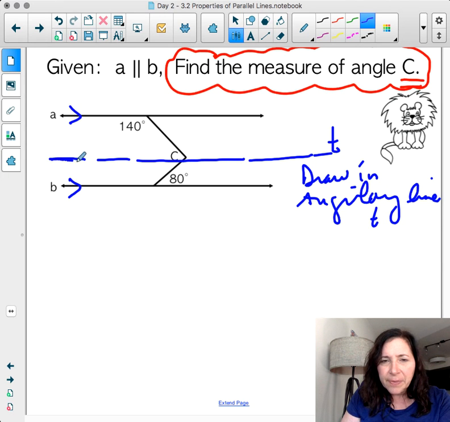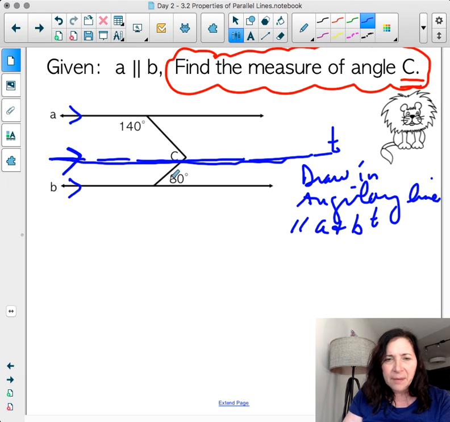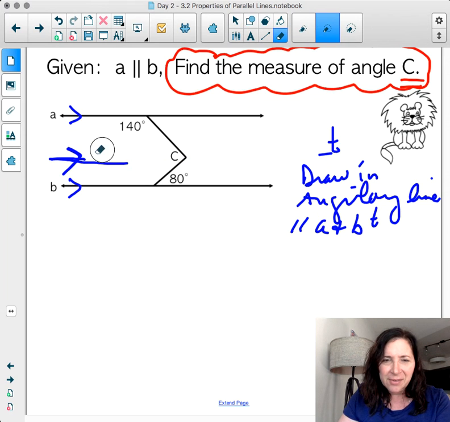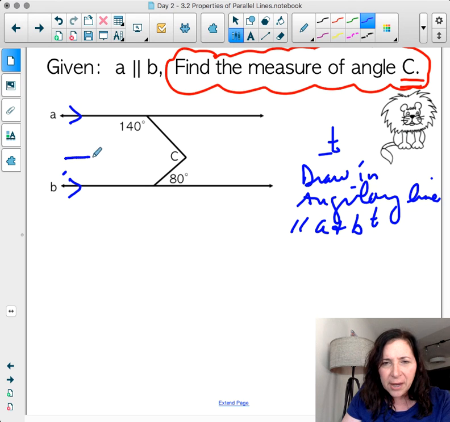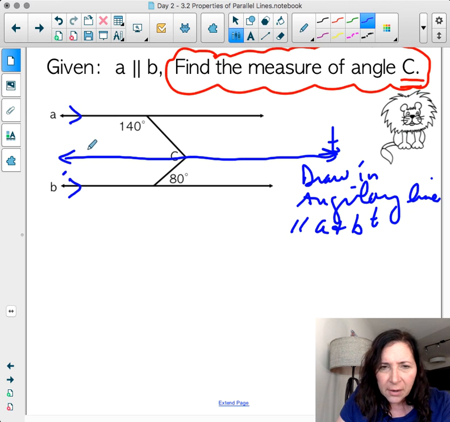And what that does is this. Watch what it does, okay? The line that we just drew in is going to be parallel to A and B, okay? Which then means that we have some alternate interior angles. So I'm actually going to redraw that. Let's try to do a better job at that. So if I draw in auxiliary line T that's parallel to A and B, okay, then we have alternate interior angles.